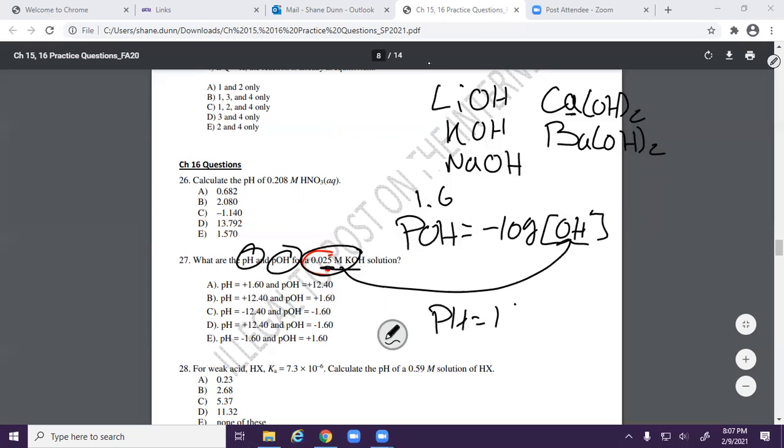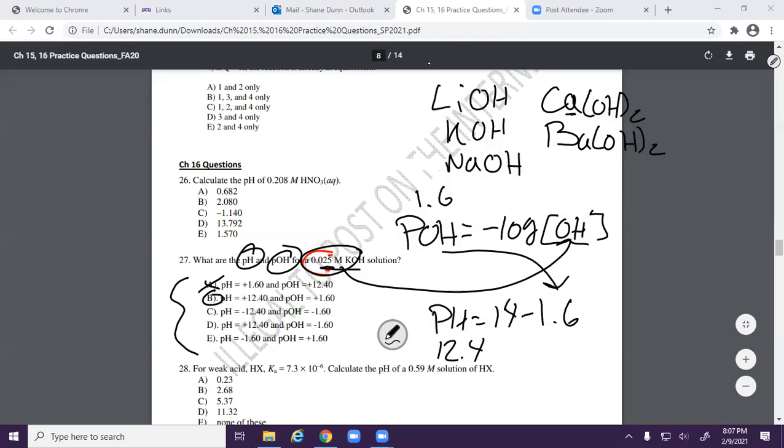pH is equal to 14 minus 1.6, because that's the pOH, right? So what's 14 minus 1.6? It's 12.4. So which one of these has the correct pH and correct pOH? A is wrong. You have it inversed.